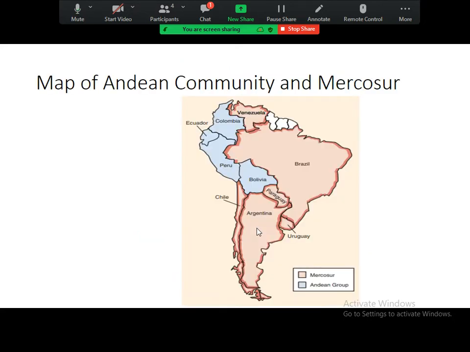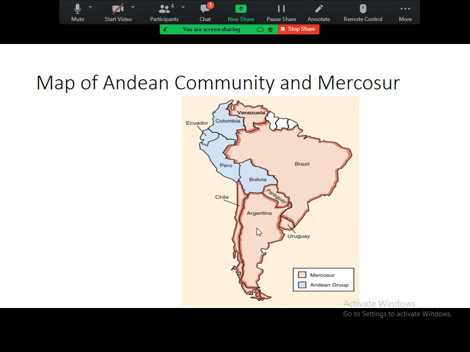Now next, this is the map of the Andean Community. The Andean Community is based in South America.